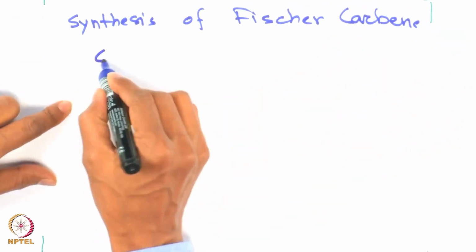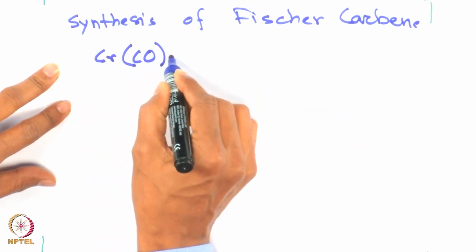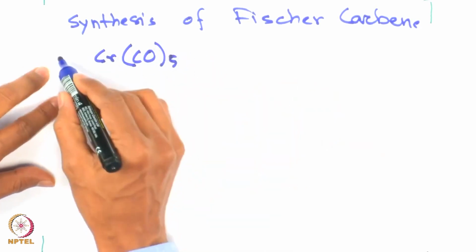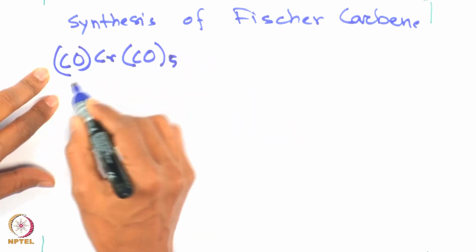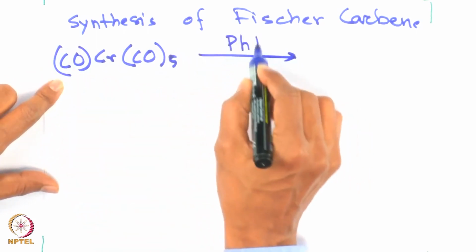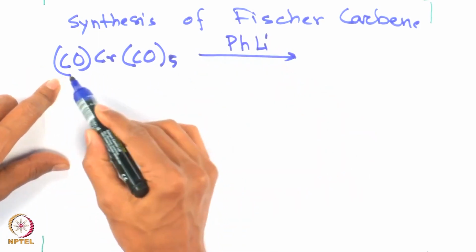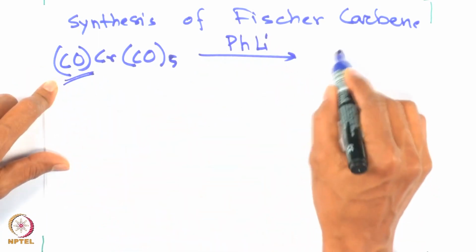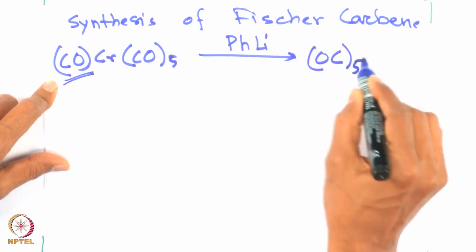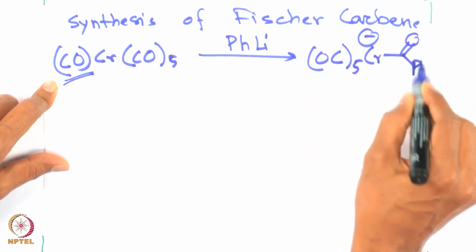So, we can start with a chromium hexacarbonyl species. We have, let us say, one carbon monoxide we are putting on the outside. Now, phenyl lithium will react with one of those carbonyl centers to give you a Cr(CO)5 phenyl species.